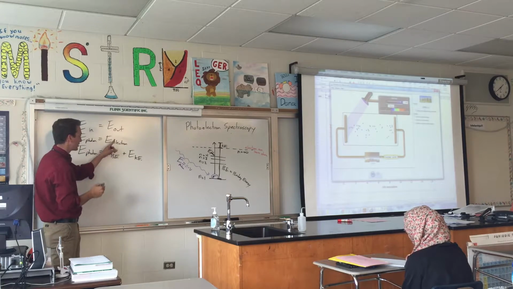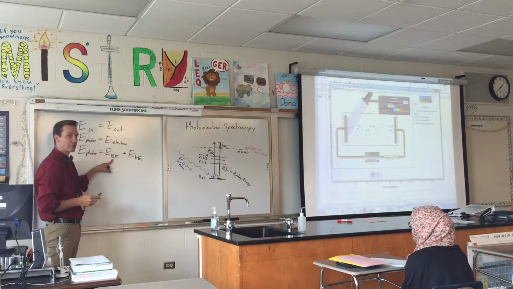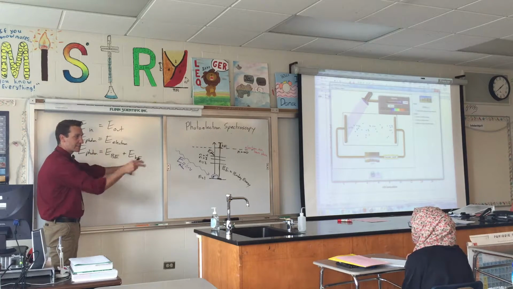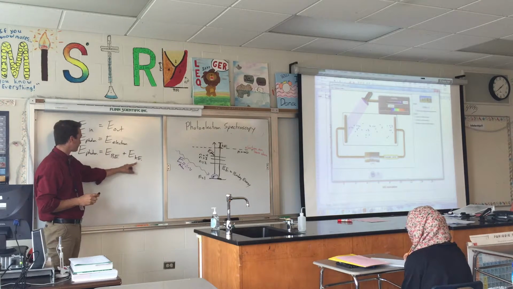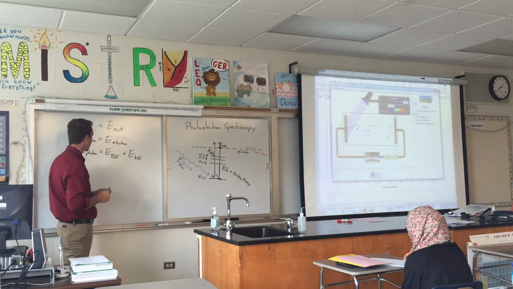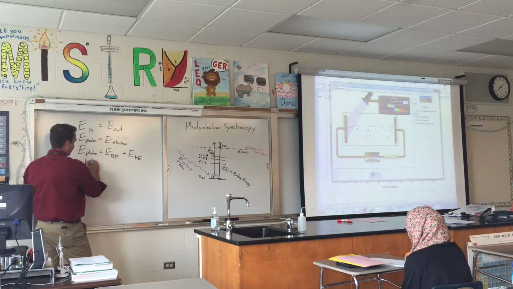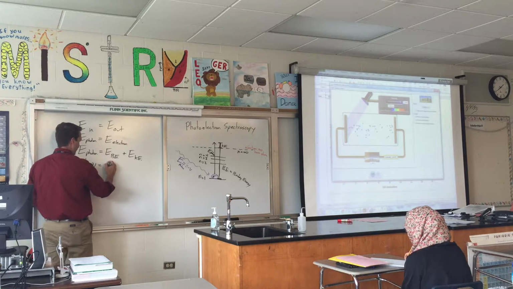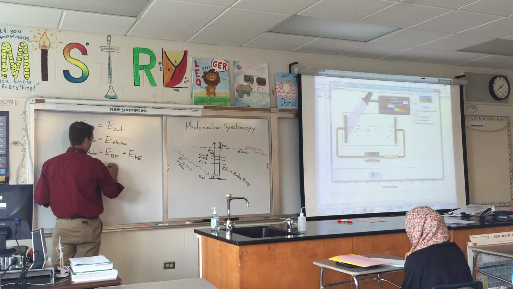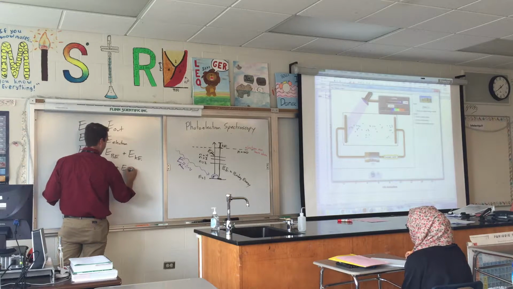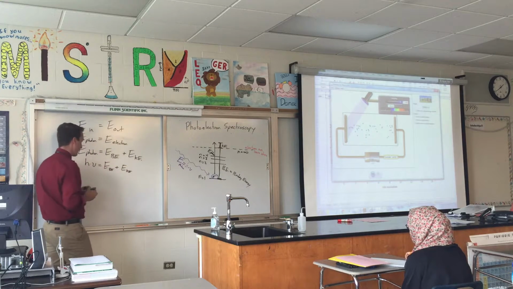So the electron's energy is a combination of the energy it takes to remove it, the binding energy, and the extra energy it has of motion, the kinetic energy. And the energy of the photon, we can calculate with h nu. So we can say energy binding plus energy kinetic.